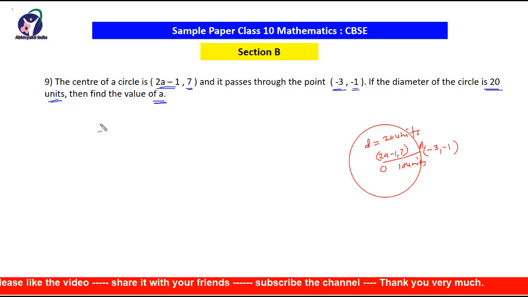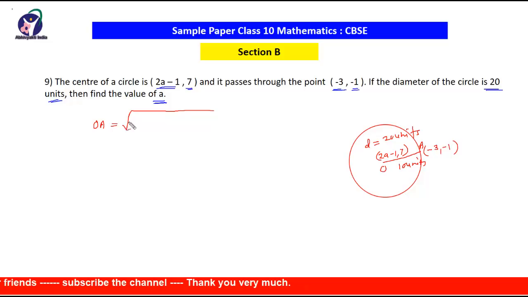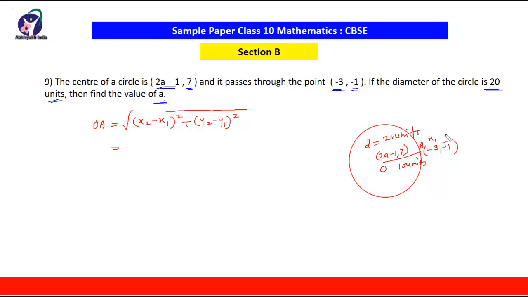So distance OA will be equal to square root of (x2 minus x1) bracket square plus (y2 minus y1) bracket square. So here I take this as x1 and this as y1 and this as x2 and this as y2.